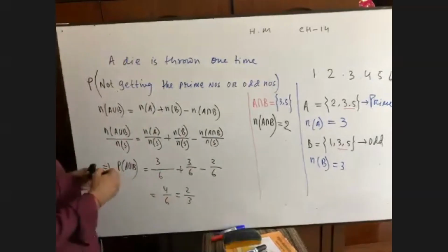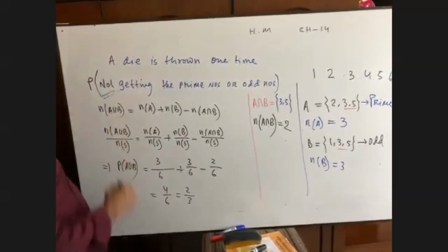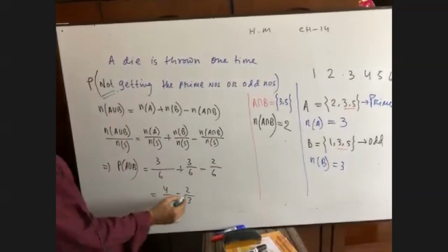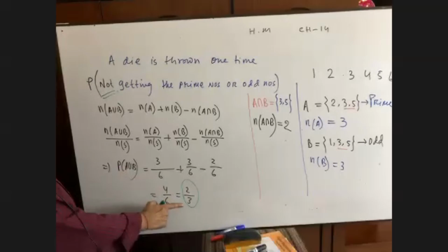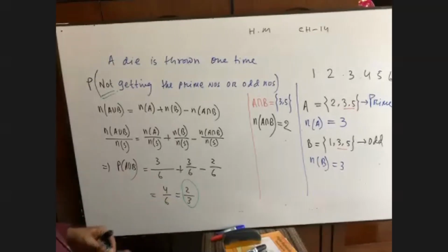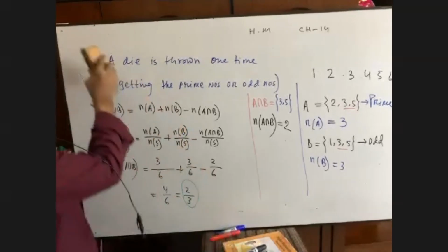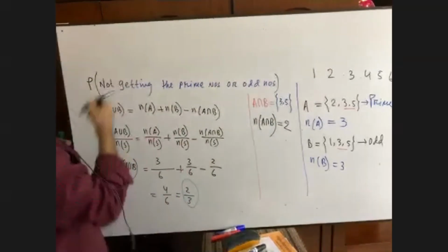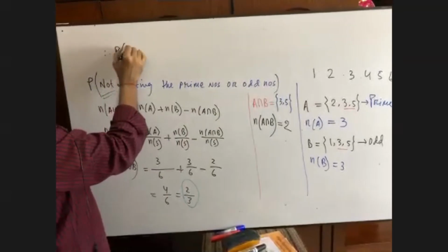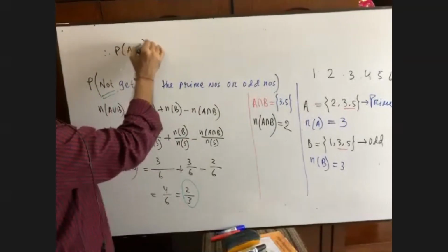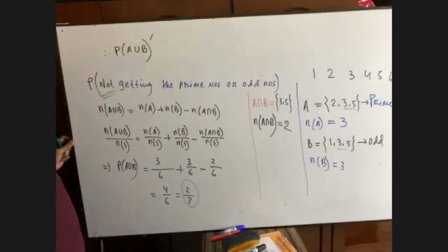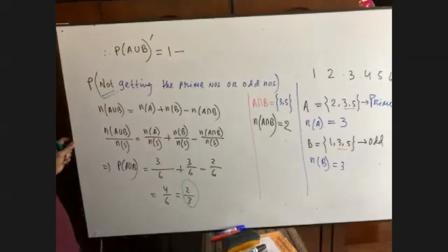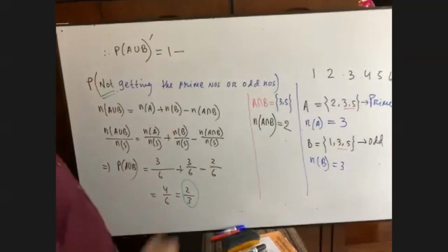If you see the word not anywhere, then you have to find at first the union. Okay, then what will you do? You see, therefore, P of A union B, it is not. So what is the formula? As the maximum value is 1, from 1 it will be subtracted.